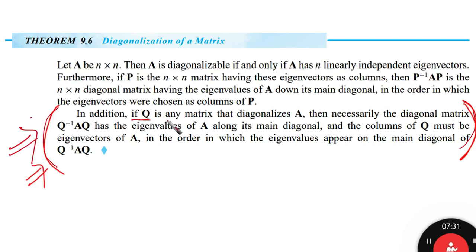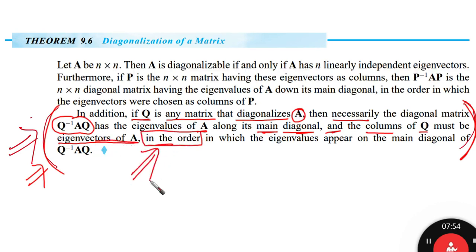If Q is any matrix that diagonalizes A, then necessarily the diagonal matrix Q inverse A Q has the eigenvalues of A along its main diagonal. And look here, the columns of Q must be eigenvectors of A. And this is the most important part, the key, which is in the order in which the eigenvalues appear on the main diagonal of Q inverse A Q. Okay, that's the key word here, in the order.